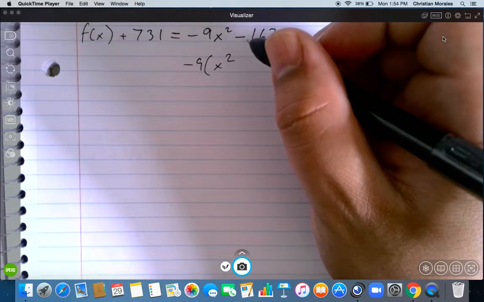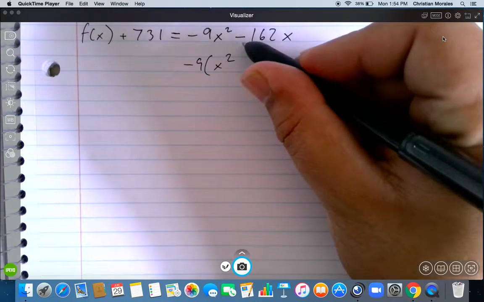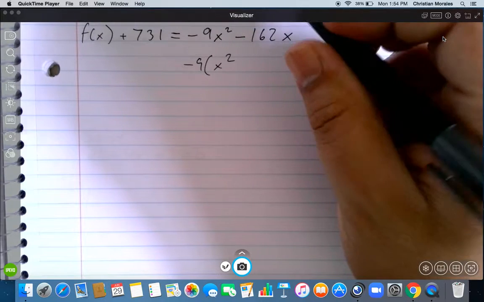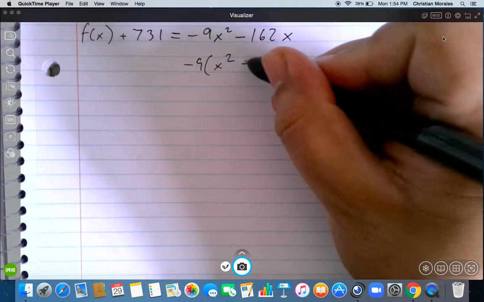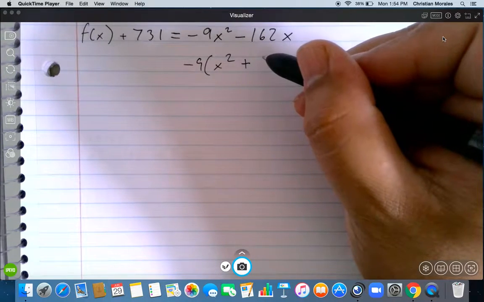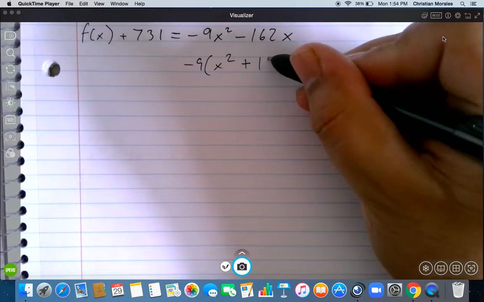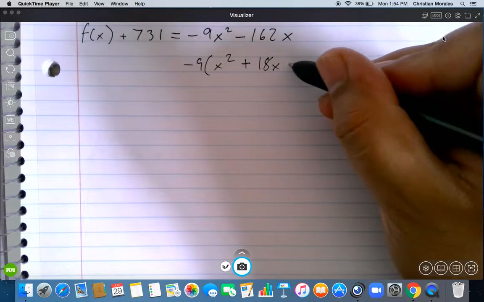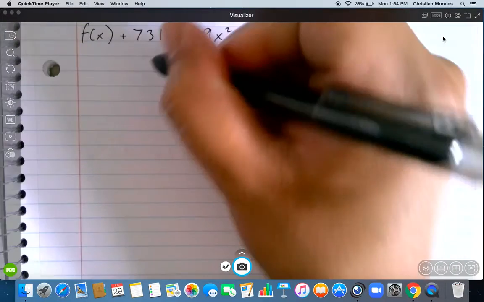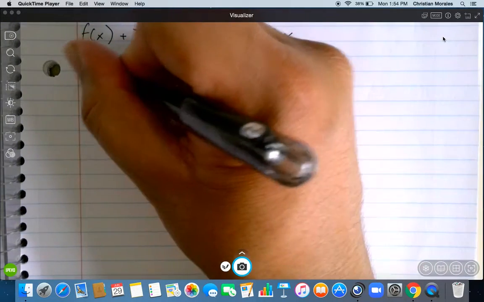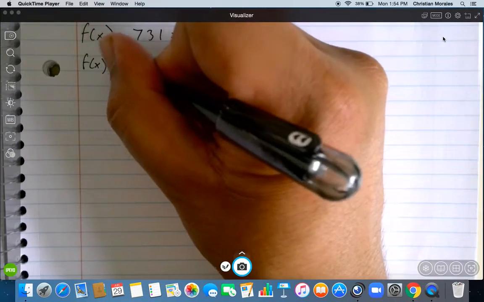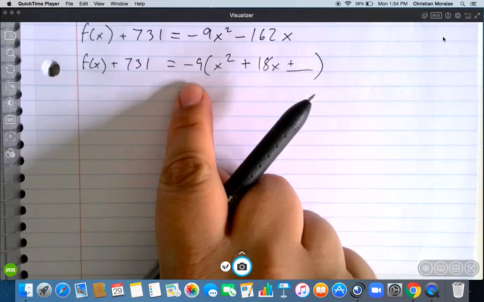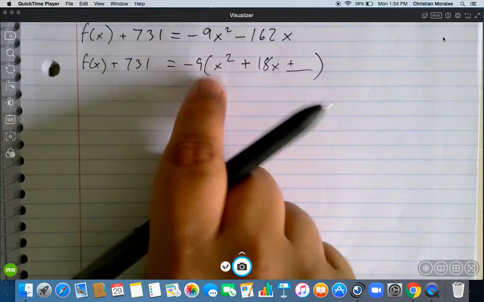Now this is where it's going to be a little confusing. Negative divided by -9 will make it positive. And 162 divided by 9 is 18x. Again, I'm going to leave some space in here for my perfect square. Okay, but I didn't cancel it out. And because I didn't cancel it out, I don't have to do anything over here. The 9 is still there.